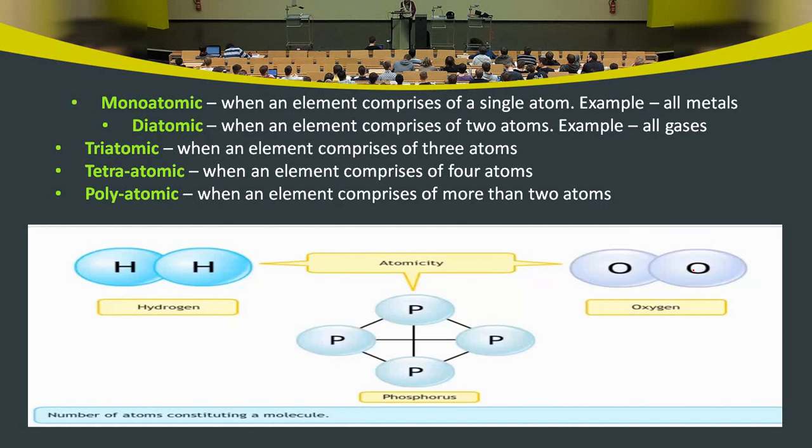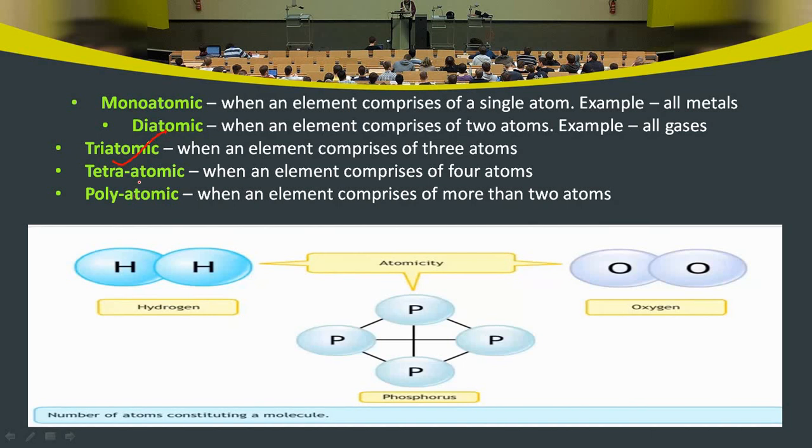I have already discussed in the previous slide: monoatomic, like all the metals, which are in a single state. Diatomic, like gases such as oxygen and nitrogen. When an element consists of 2 atoms, it is diatomic. When an element comprises a single atom, it is called monoatomic.